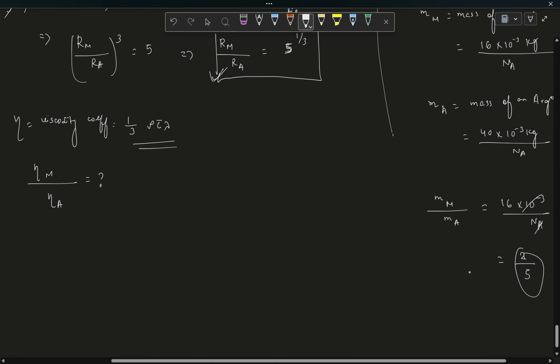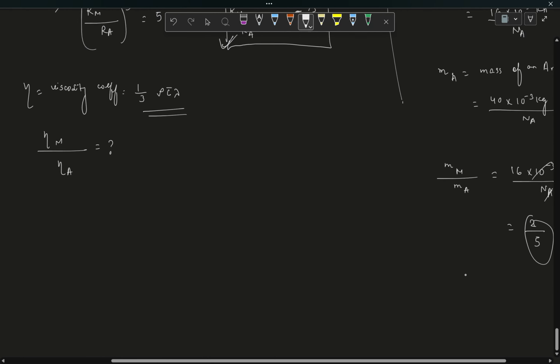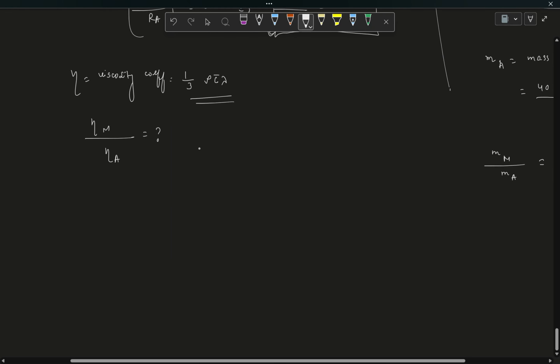So we have done the mass ratio and we have done the radius ratio. Then directly jump into this. First write this down: rho is basically m times n. m is the mass of the molecule and n is the number density of the molecules, meaning the number of molecules per unit volume.